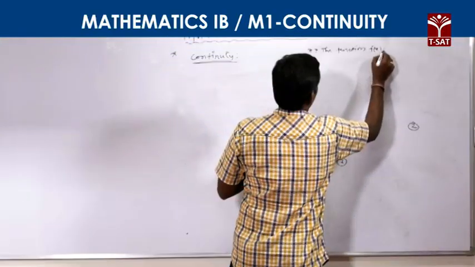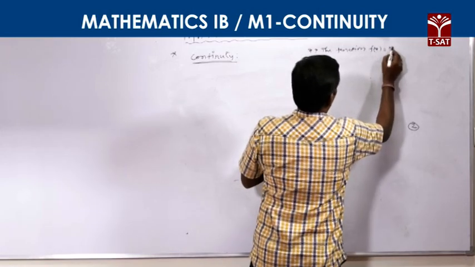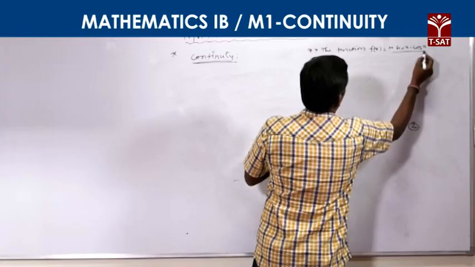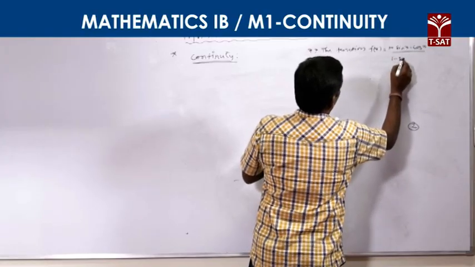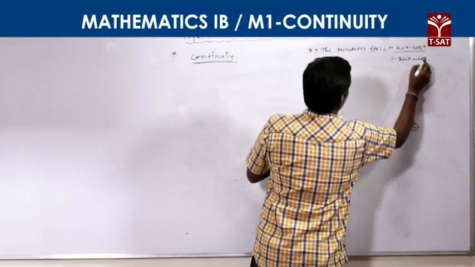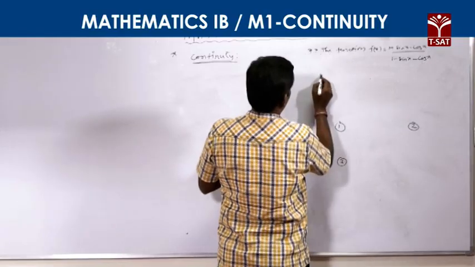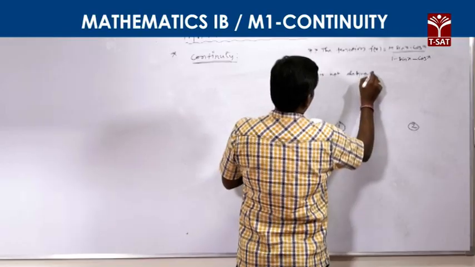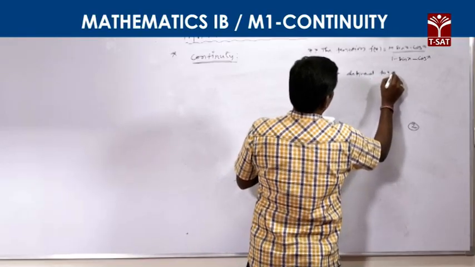Next question: f of x equals 1 plus sin x minus cos x by 1 minus sin x minus cos x is not defined for x equals 0.